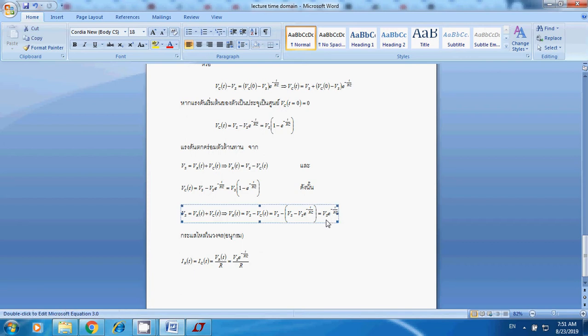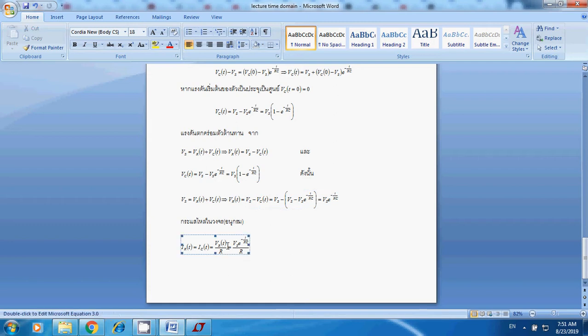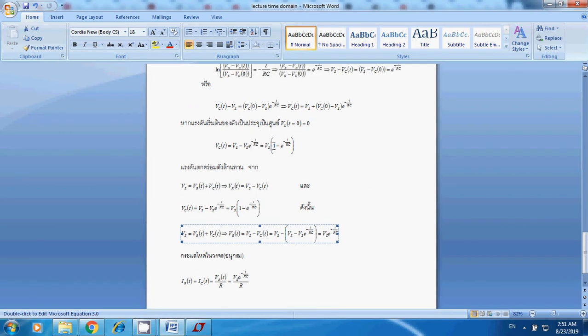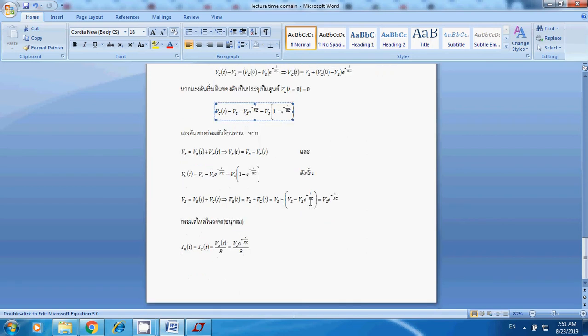VR, the voltage drop across the resistor, is equal to Vs multiplied by exponential to the power negative t over RC. Okay, so you have three of them: the current flowing through the circuit, the voltage drop across the resistor, and also the voltage drop across the capacitor. Now let's get started with the AltiSpice.